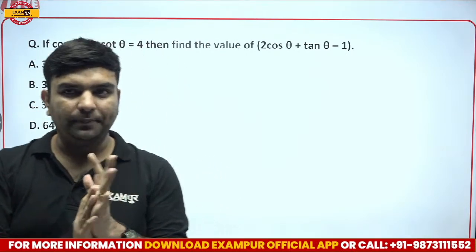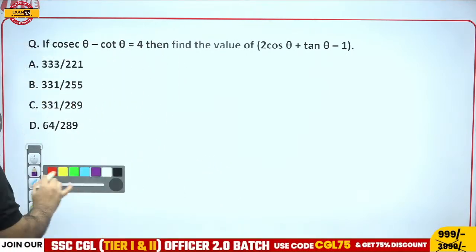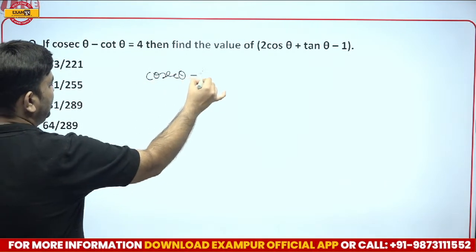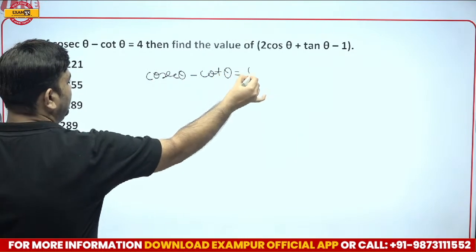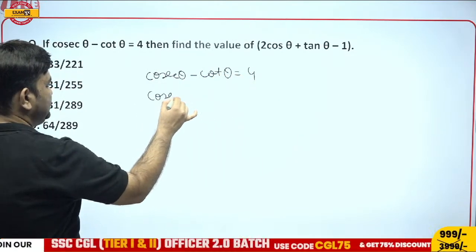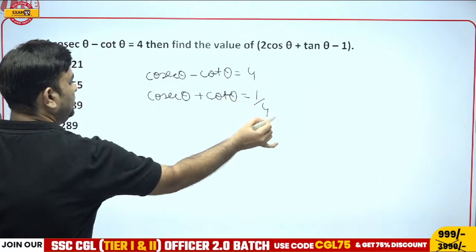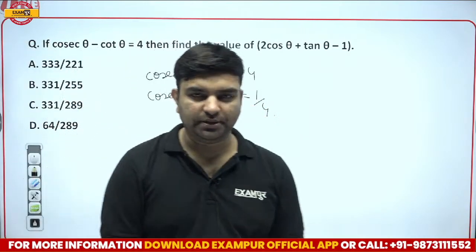Which is sin square theta plus cos square theta is 1. If cosec theta minus cot theta is given as 4, directly you can write cosec theta plus cot theta is 1 by 4, because they are inverse of each other.